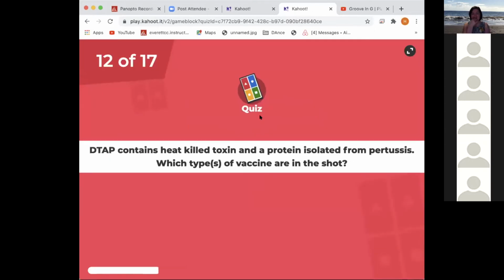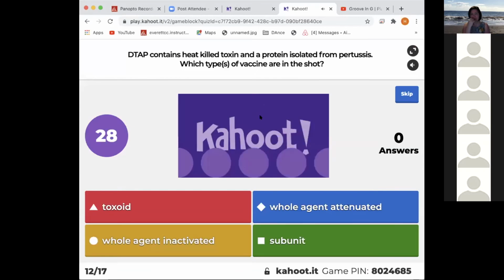Multi-select, DTaP contains heat-killed toxin and a protein isolated from pertussis. Which type or types of vaccine are in this shot?